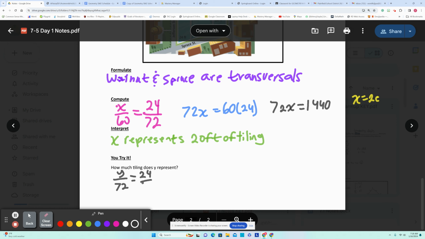So we can use what we had before. Now when I cross multiply, that leaves me with 60y equals 1728. That's from multiplying the 24 and the 72. And I'm left with, when I divide, y equals 28.8. So that would be the final answer.